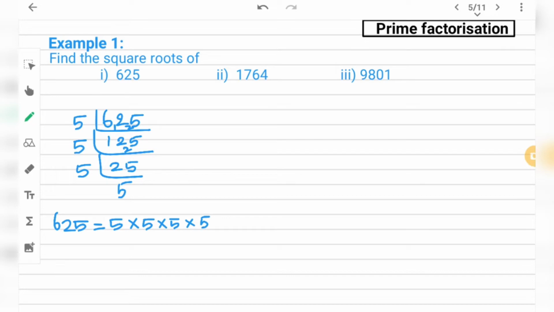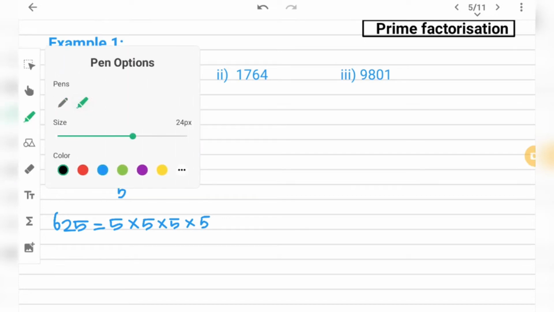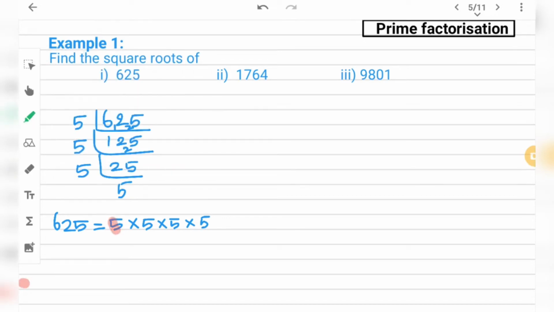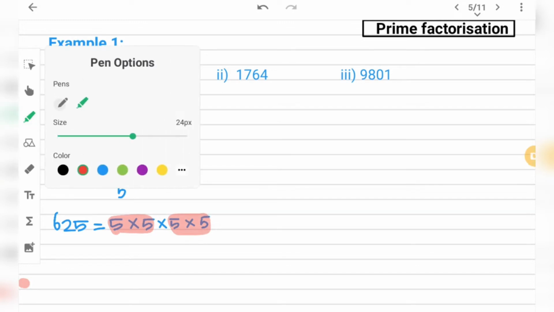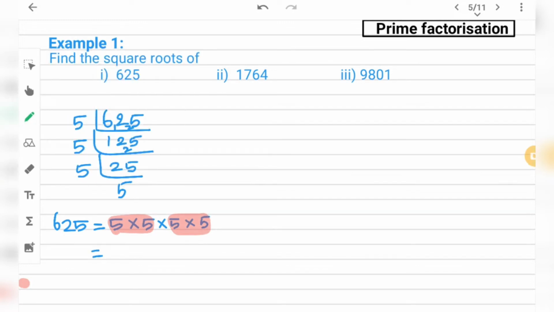To find the square root, we are going to make a pair. So 5 into 5, these two 5s become one pair and these become another pair. From the pair, you can pick one number. So 5 into 5.